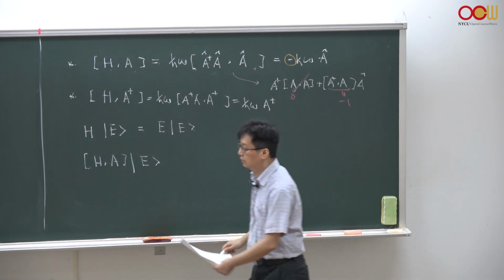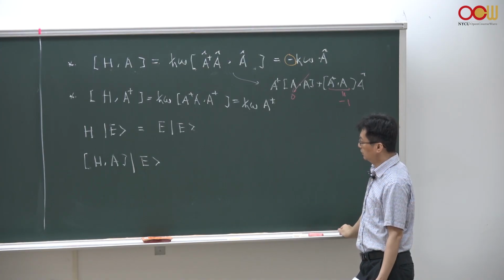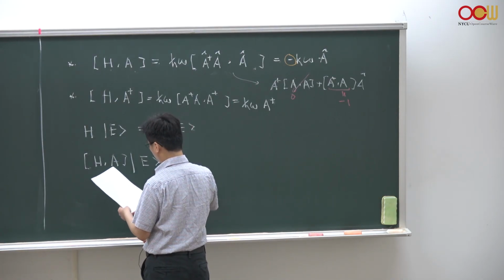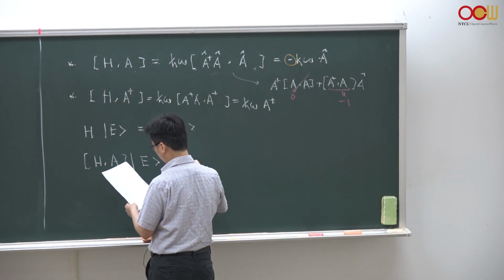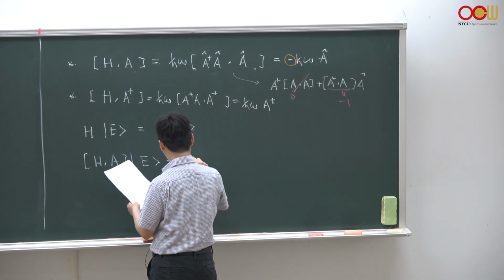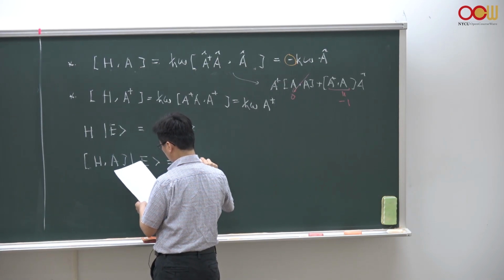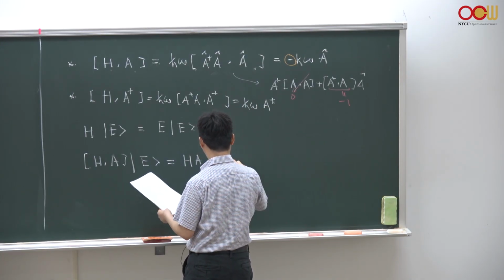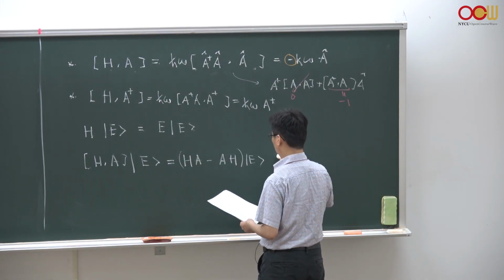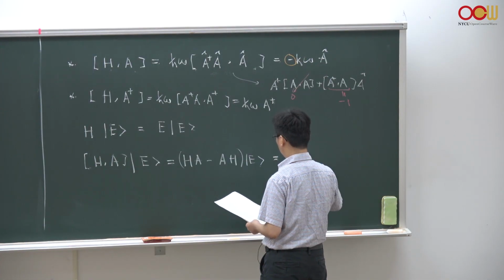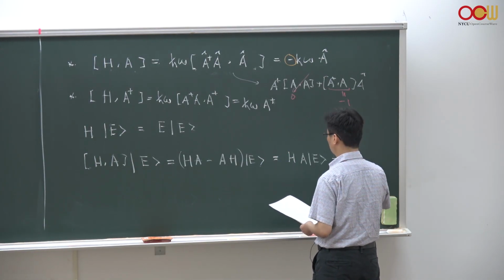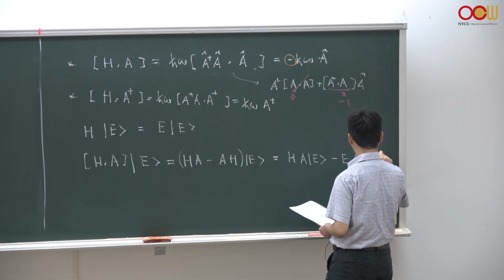When we operate this commutator between H and A onto this eigenstate E, let's look at the results of this operation. So this is given by H A minus A H, which is what? H A E minus E A of E.